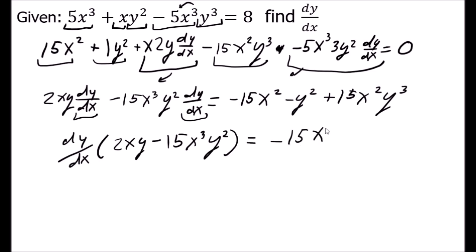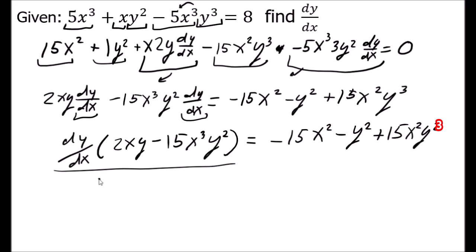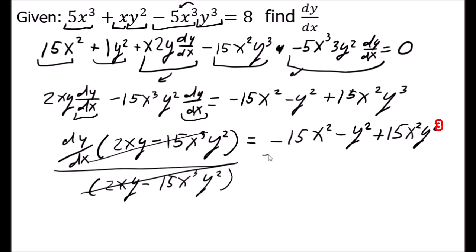And then there's just one step left. I am almost done. It's very exciting. Just recopying all this stuff from above, x squared y cubed. I'm going to divide both sides by this whole thing, 2xy minus 15x cubed y squared, right? So it cancels on this side, and it's going to end up underneath here.